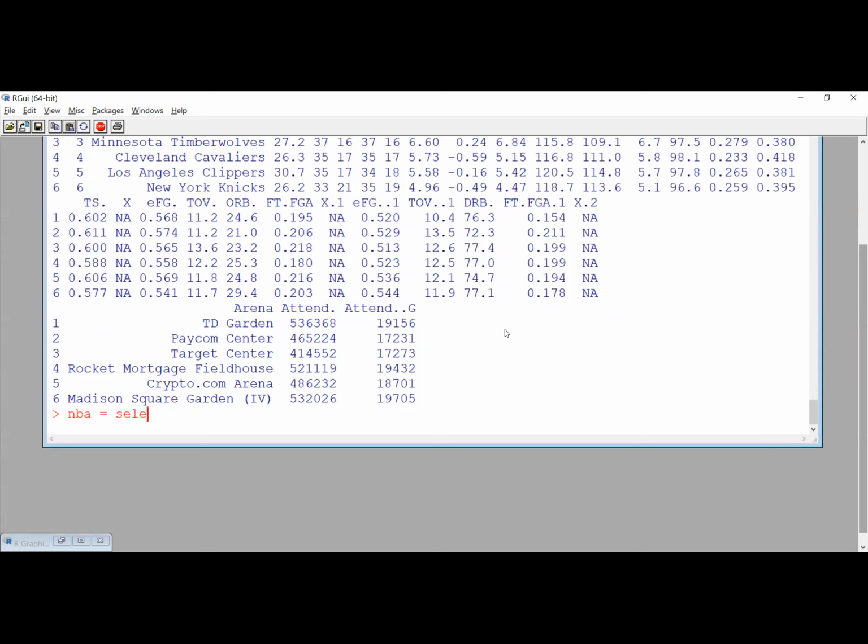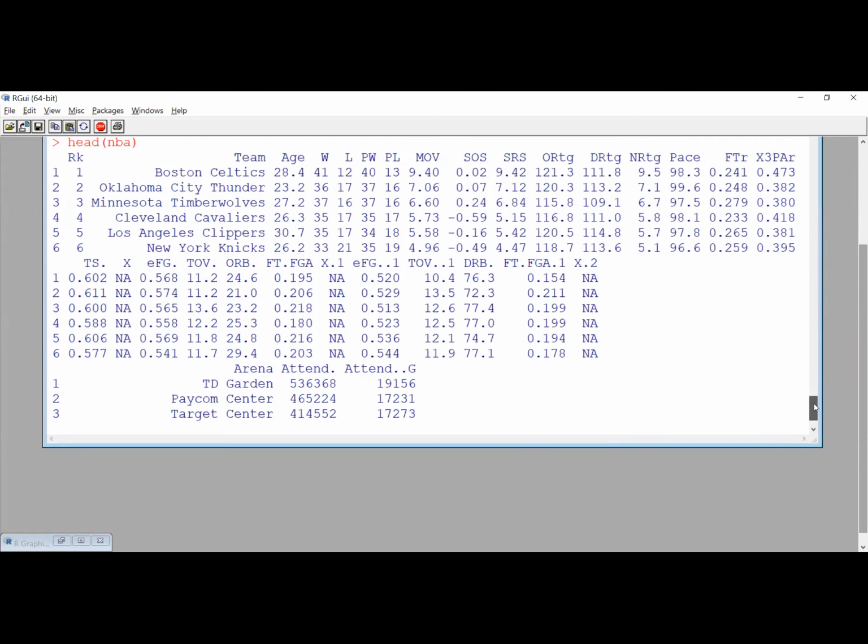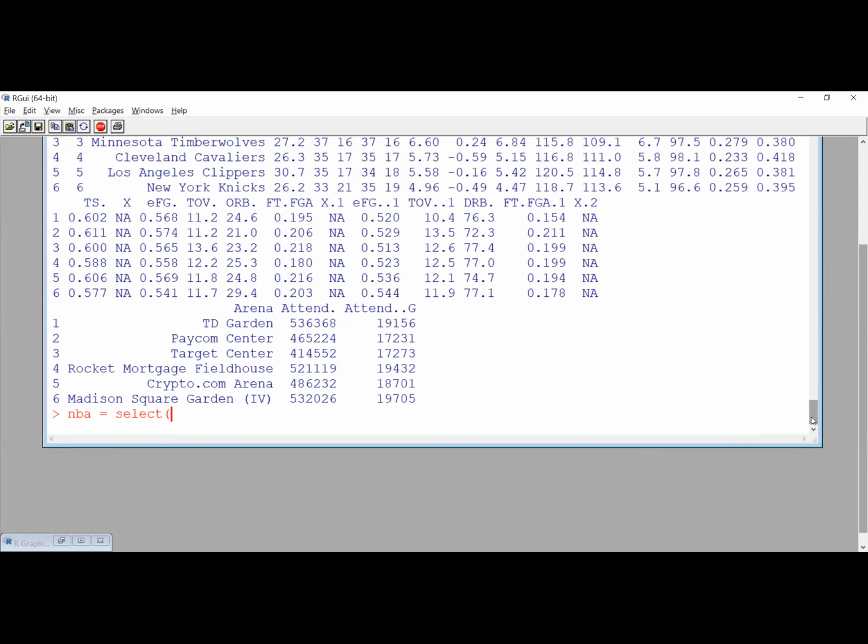You can use the select command, for example, and team, don't forget team. So remember too, the command is NBA team, and now O. And let's also keep wins and losses too, just to see if there's anything interesting there.